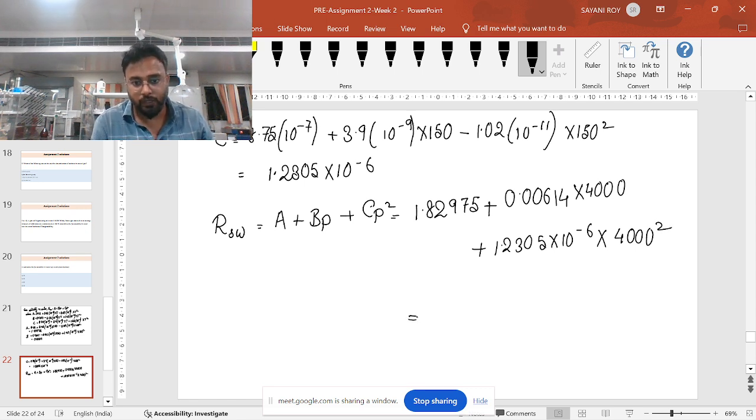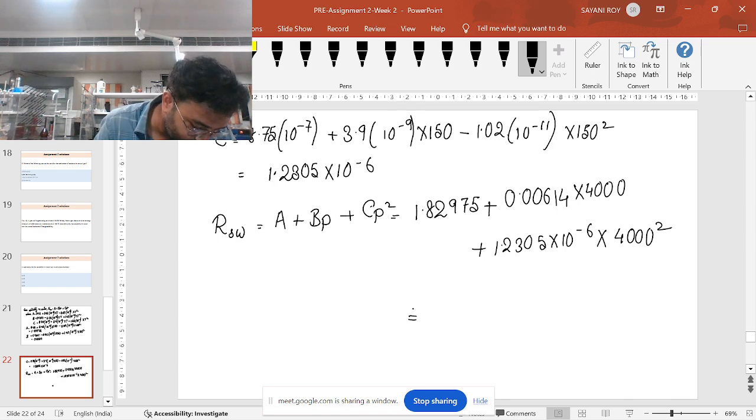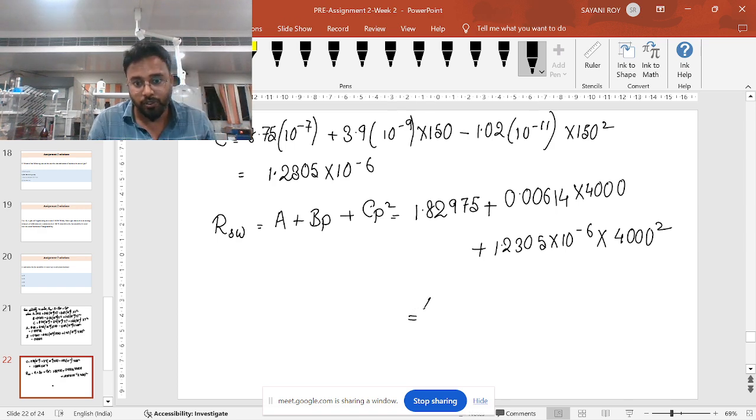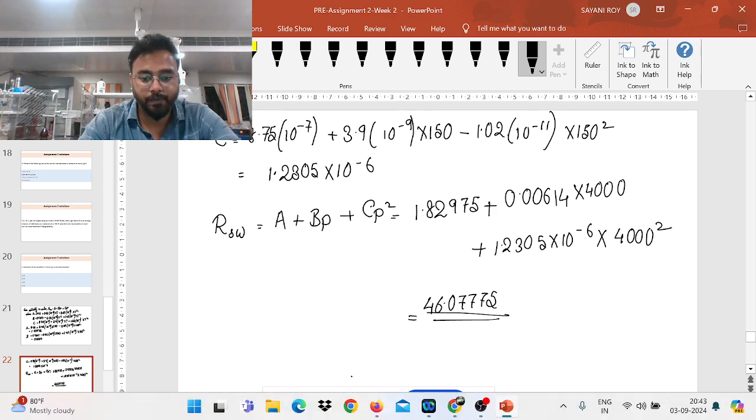If you solve this, the answer should come out as 46.0775. So this is your ultimate answer.